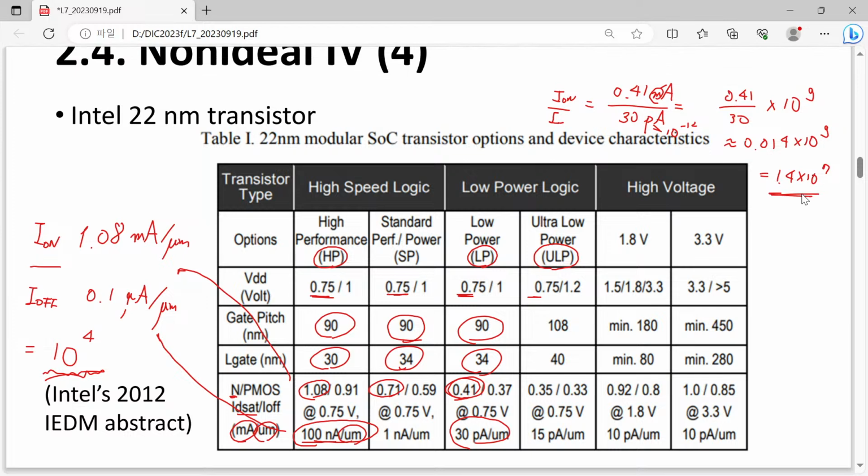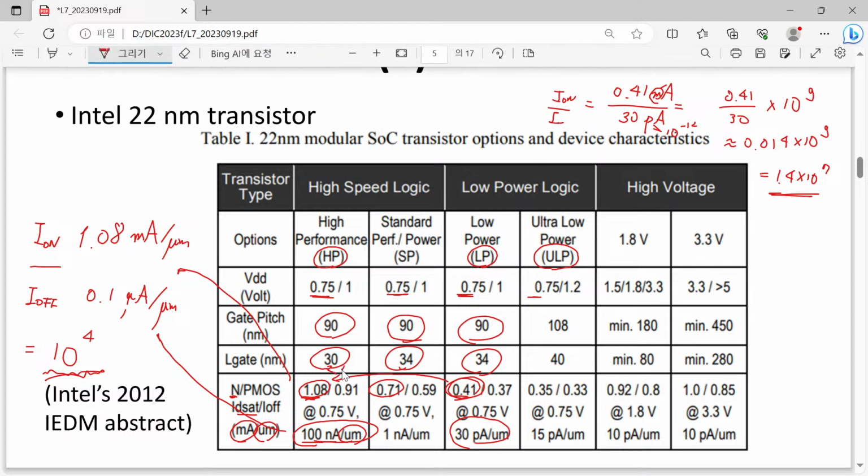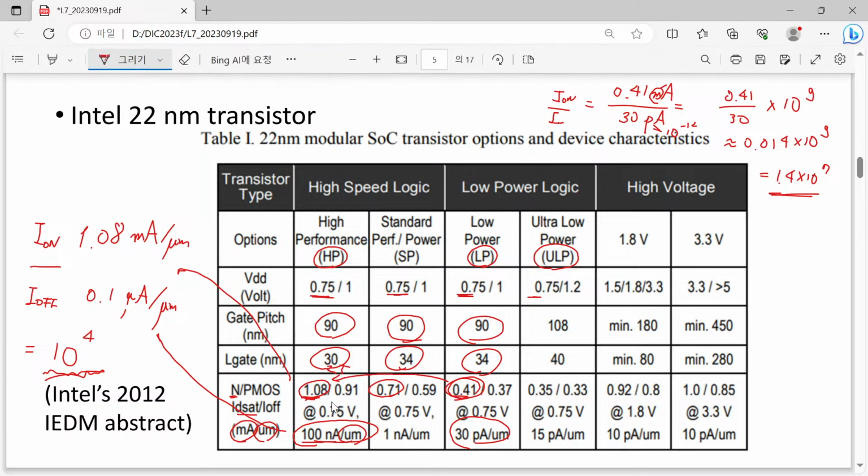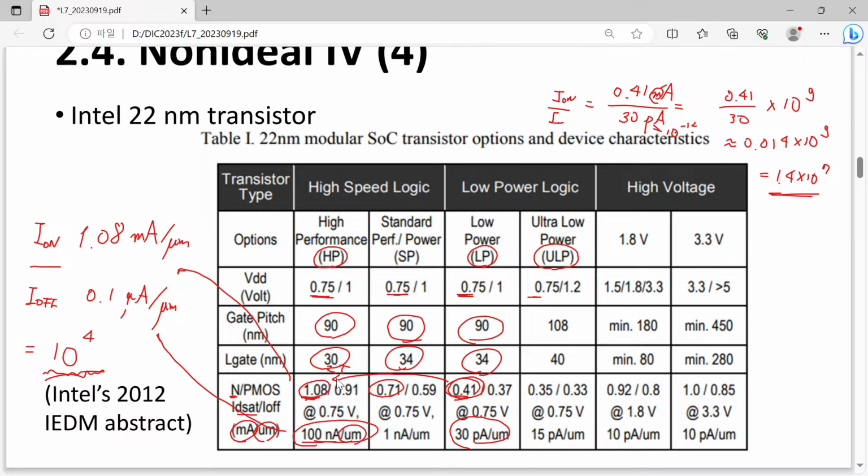So you can see that when you compare a high speed or high performance device and a low power device, although your on current is increased by a factor of 2.5, so from 0.4 you have around 1, so 2.5 times increase in your on current, however, you can see that the decrease of off current is about 3,000.